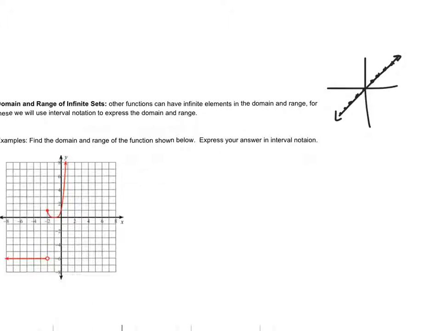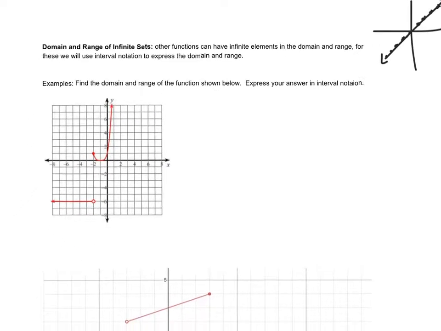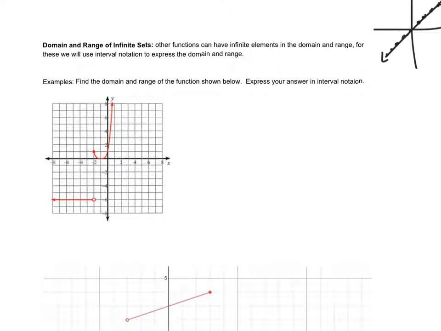So there are all these points with x's and y's. It's very difficult to actually list all those points out one by one because there's infinitely many of them. So a lot of times when we look for the domain and range of infinite sets, we'll use interval notation like we talked about earlier.